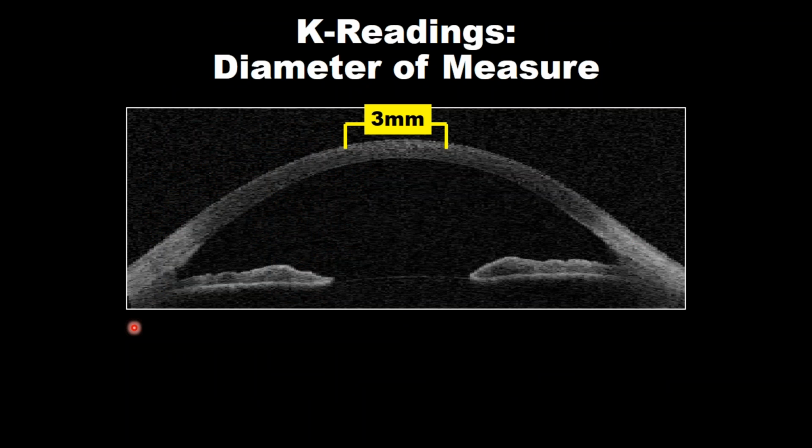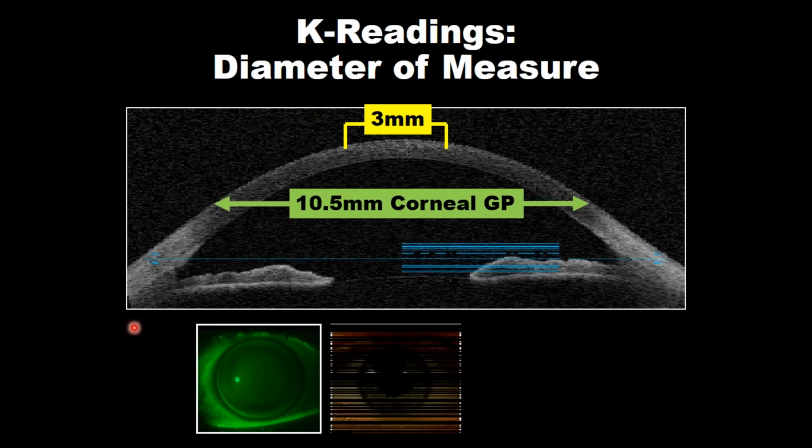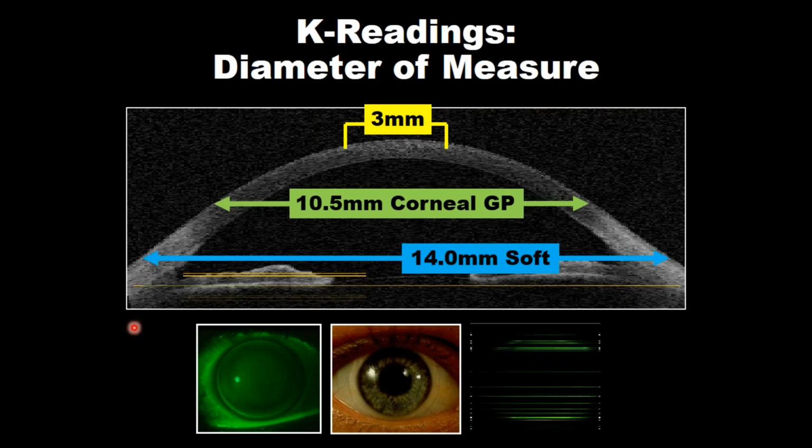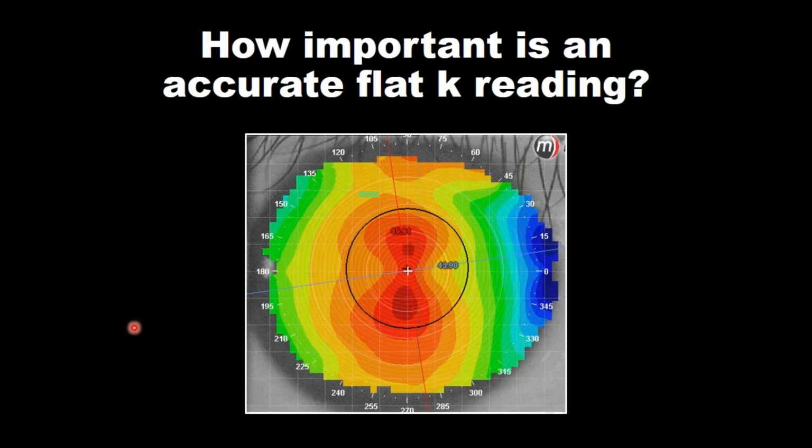So it can be relatively erroneous when we're dealing with more irregular eyes or larger diameter lenses, because if we're measuring just a 3 millimeter ring of the central area of the cornea, and we're trying to construct a 10-5 orthokeratology lens or a custom soft lens, or especially a scleral lens, 3 millimeters of the center can be of relatively limited value.